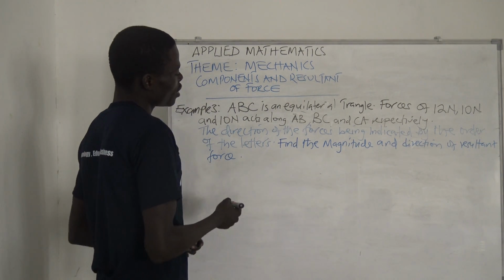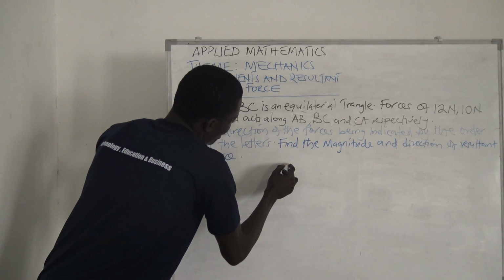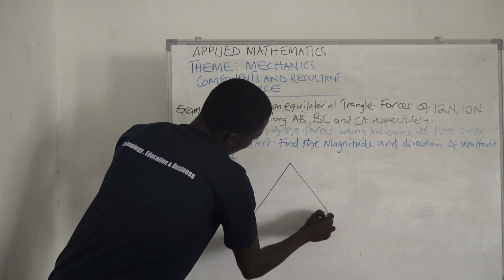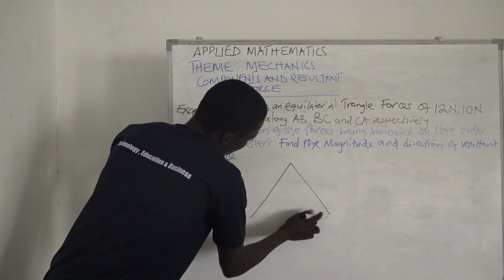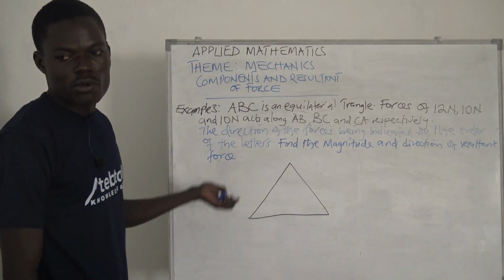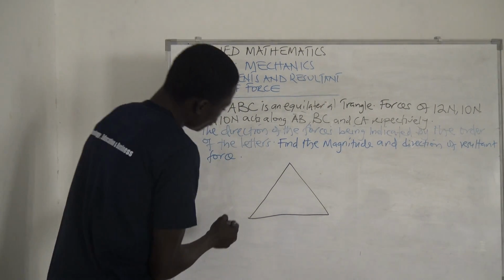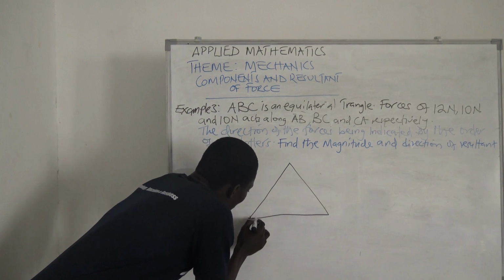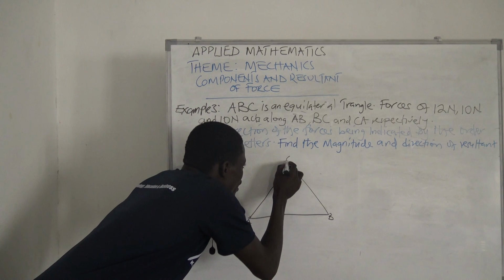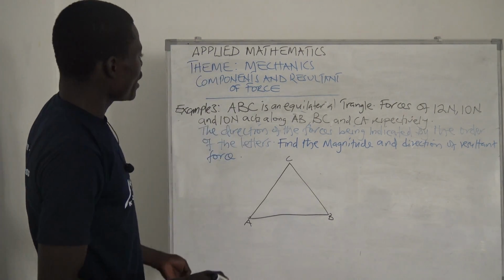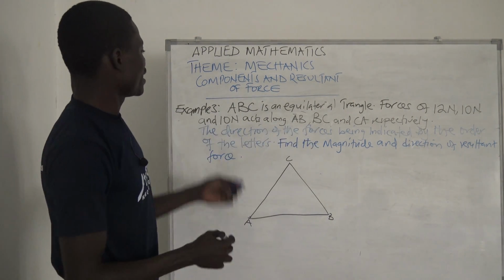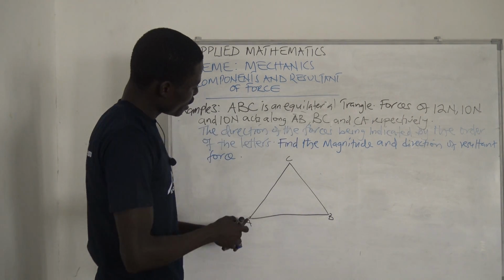Let us first sketch our triangle. This is our triangle. Make sure I use a straight line. So you have A, B, C. Then I've said forces 12 Newton, 10 Newton, and 10 Newton act along AB.